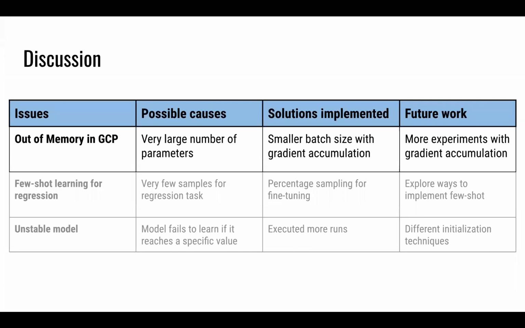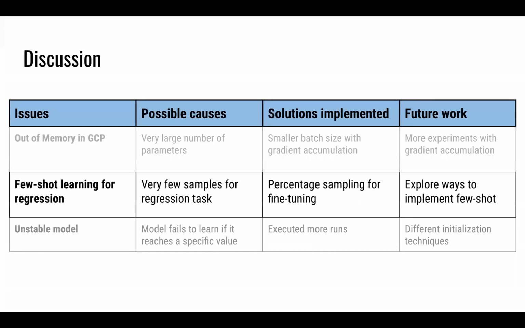We solved this by first reducing the batch size, and then we implemented a naive version of gradient accumulation where we run the mini batches sequentially and accumulate the gradients. These gradients are then used to update the model variables at the end of a specified number of mini batches. We want to try out more techniques and further polish gradient accumulation so that we do not run out of memory while training on a GPU.